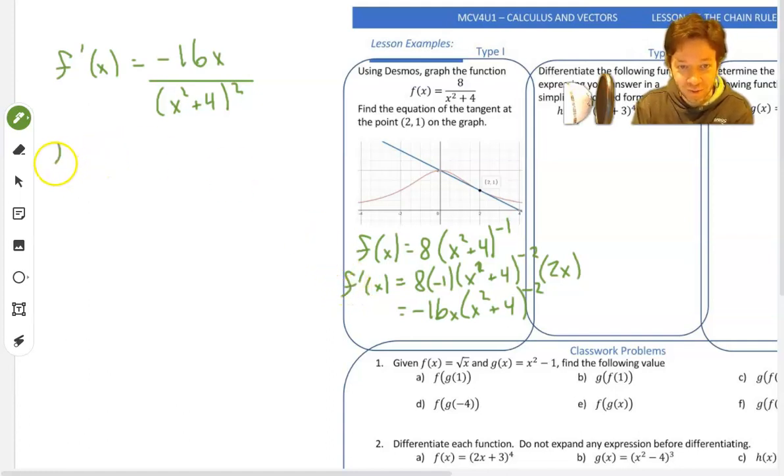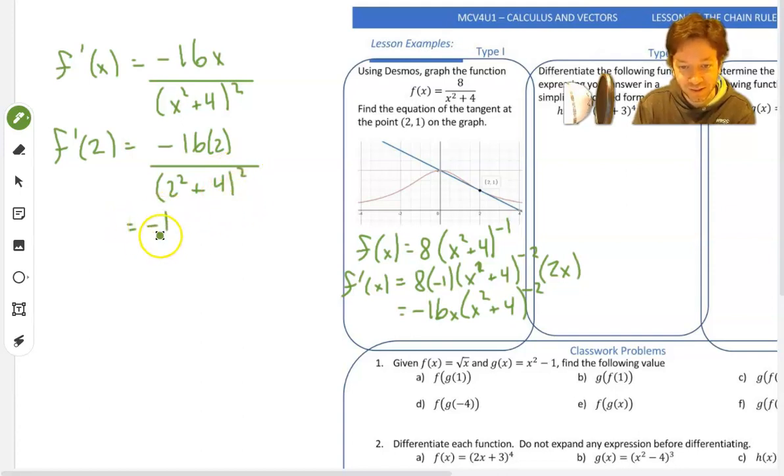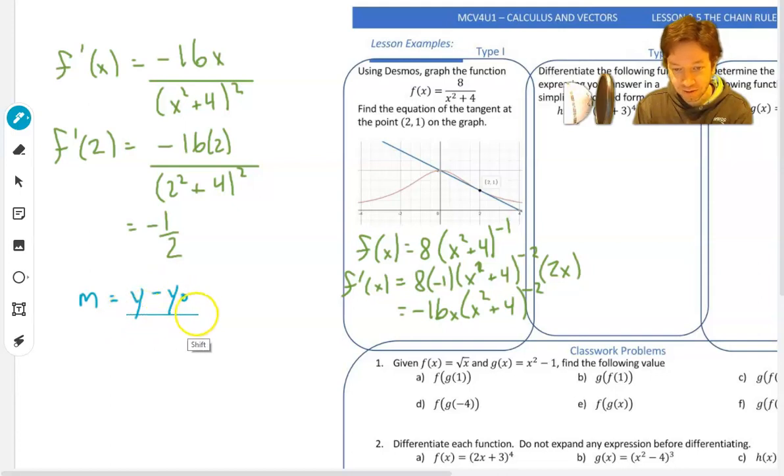All right, and now I can find out what f prime of x is at 2. So we're just substituting 2, so minus 16 times 2 is minus 32, divided by 2 squared, so 4, plus 4, which is 8 squared, is 64, so that's minus 1/2. So now for our equation of the line, we can use the slope equation, where m equals (y minus y naught) divided by (x minus x naught).